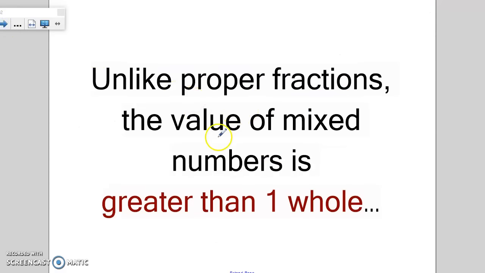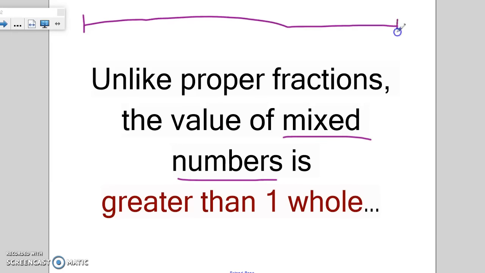So unlike proper fractions, when we're talking about mixed numbers, the amount is going to be greater than one whole. So if you think about a number line that goes on and on, so this is 0, this is 1, this is 2, and 3, and 4, and so on. Up until now, all of our proper fractions have fit in this little space here because we have been dealing with amounts that are worth more than 0 but less than one whole.